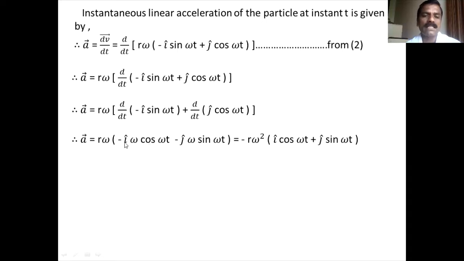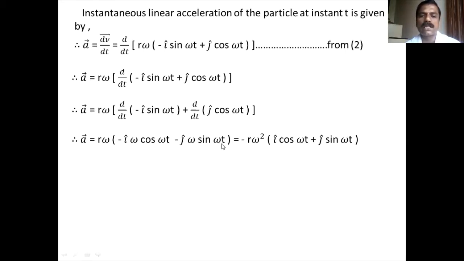So minus i cap omega cos omega t. Again here j and omega are constant, and the derivative of cos omega t will become minus sine omega t. So here again you will find the negative sign. Here is a negative sign and here is also a negative sign.